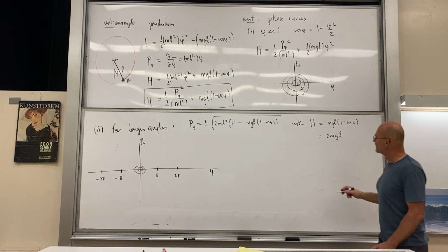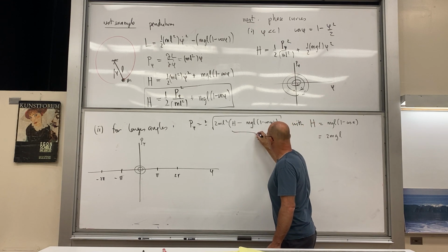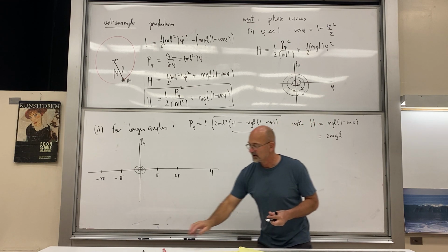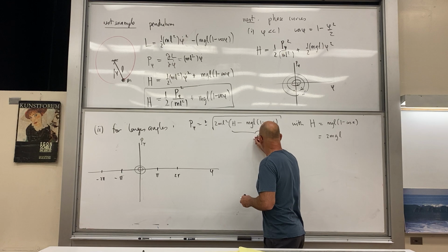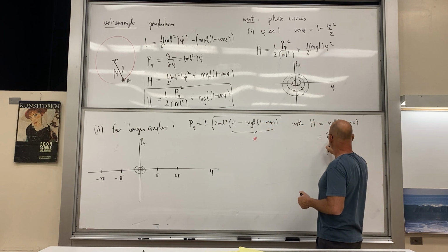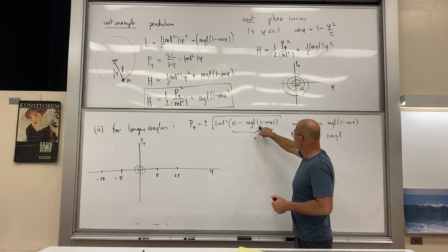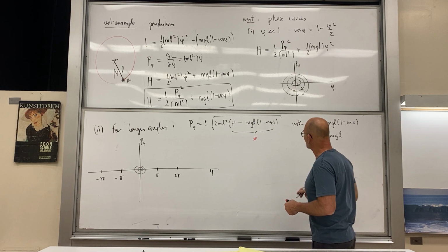So we get this expression right here, the red star. So we have 2mgl minus mgl plus mgl cos phi.